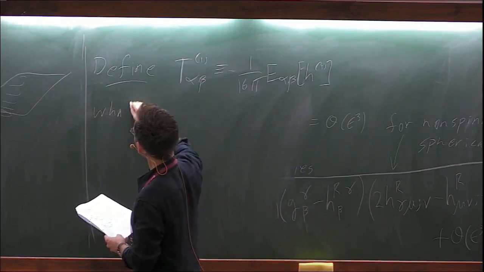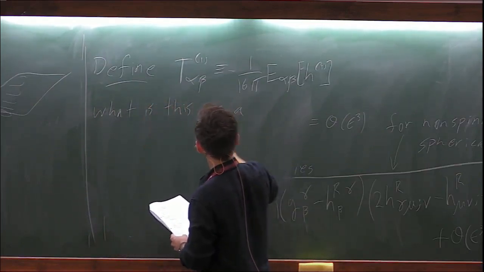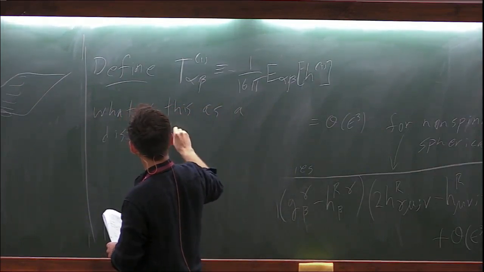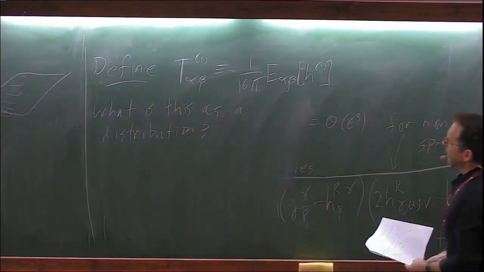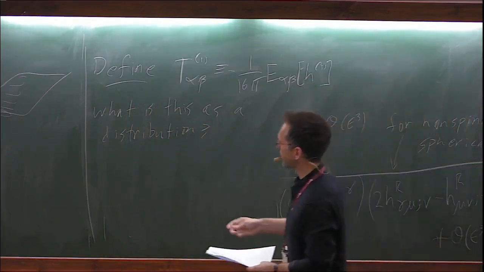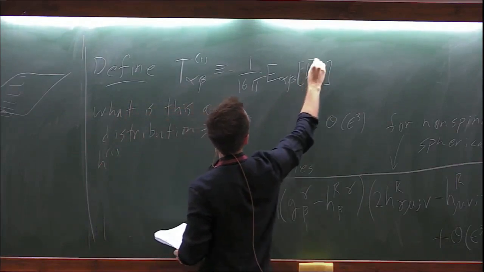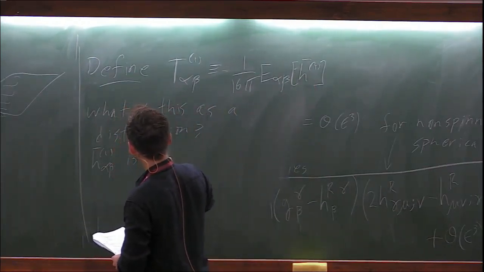So then what is this as a distribution? To find out what it is, well, first we note that h bar 1 is integrable.